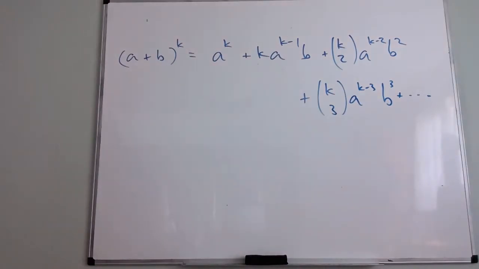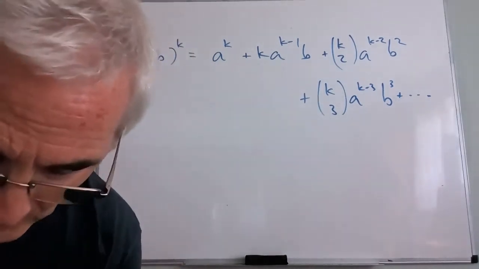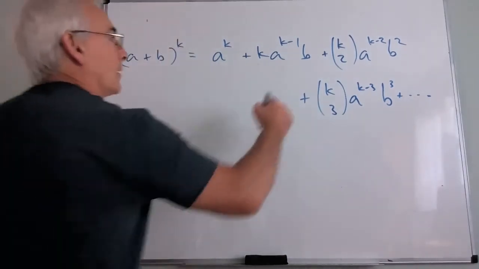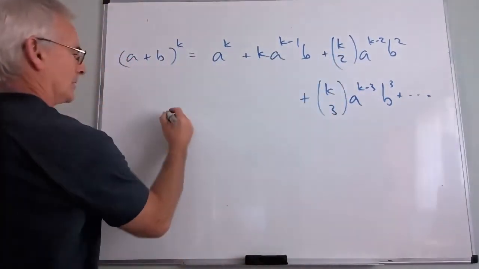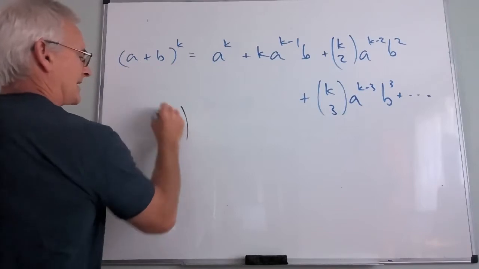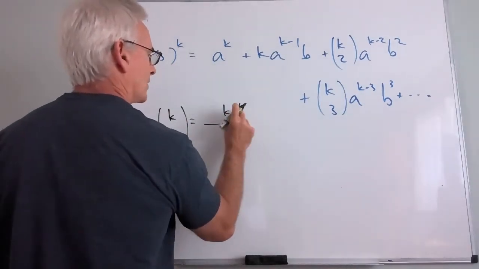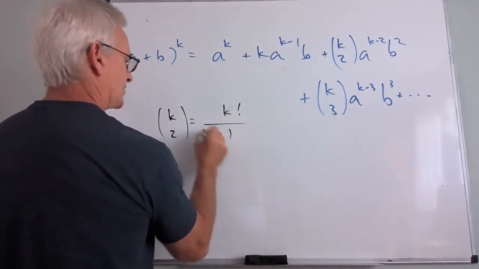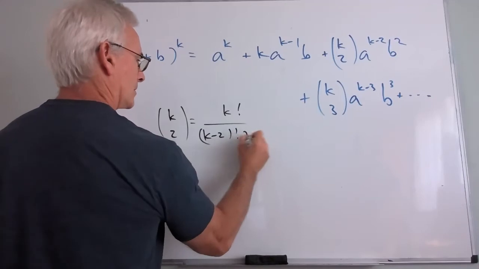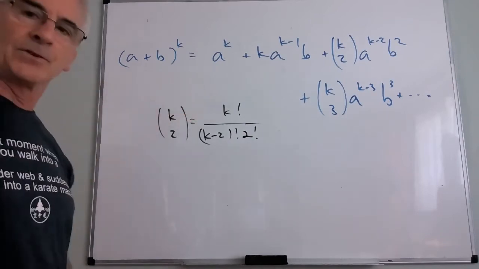But if I wanted to write this without using the combination notation, which is kind of our goal right now, that's easy. That's just k. What's k choose 2? What would that actually be? Well, that'd be k factorial on top and what on the bottom? k minus 2 factorial times 2 factorial. Can I reduce this?